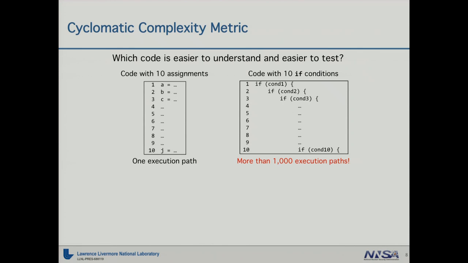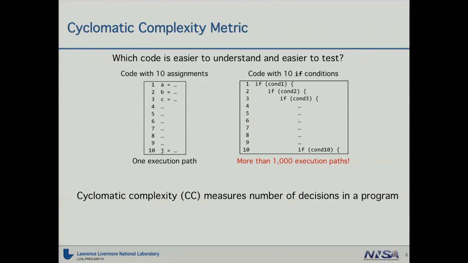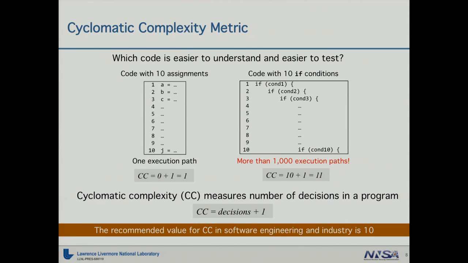In the second one, we have more than 1,000 execution paths. Cyclomatic complexity basically measures the number of decisions in a program, using this formula: number of decisions plus 1. So if I calculate CC for the first program, it gives me a value of 1. For the second one, it gives me a value of 11, because I have 10 decisions plus 1.